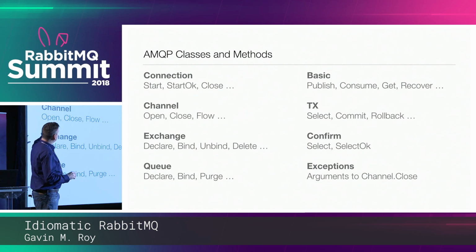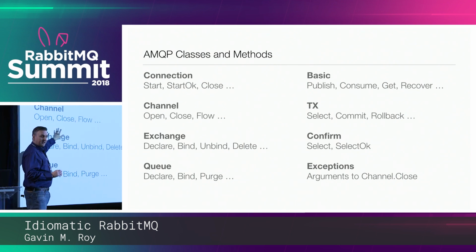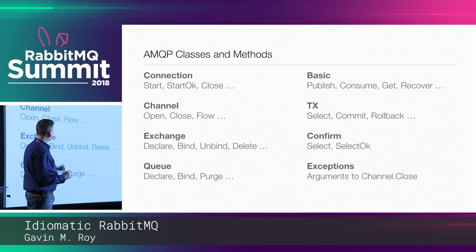But what you'll basically see as you go through here, and I tried to highlight some of the important methods for these different classes, is that almost all of them have a basically verb OK response method to them. So with some exceptions, some important exceptions.